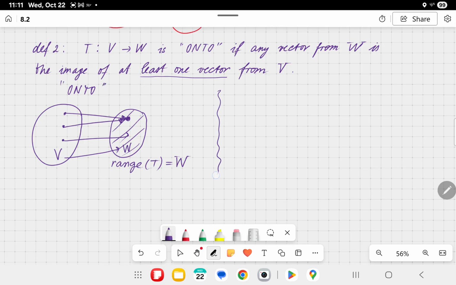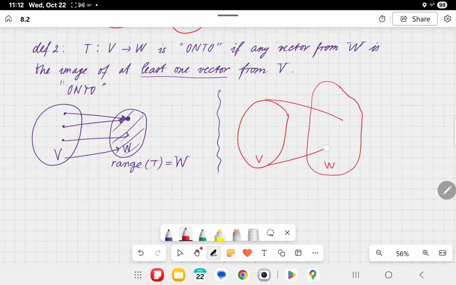And now an example that is not onto. This is V, and this is W. And the transformation of V goes like this. This shaded area is the range of transformation. I did not label that it was transformation T here also. So what does it mean, guys?